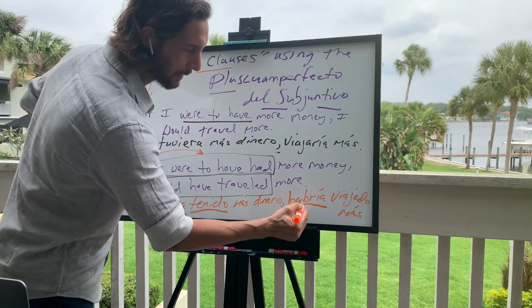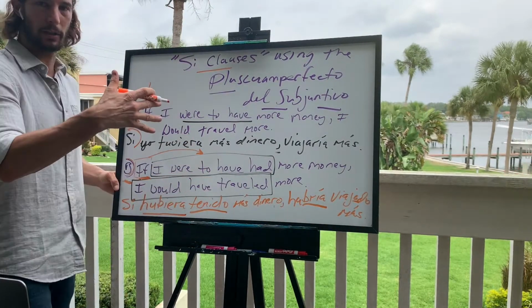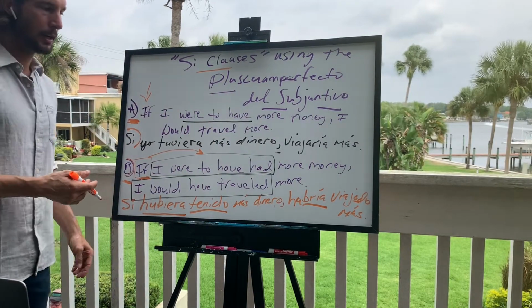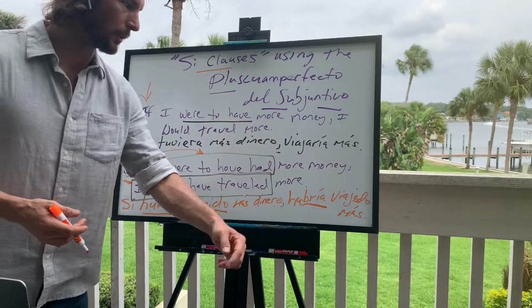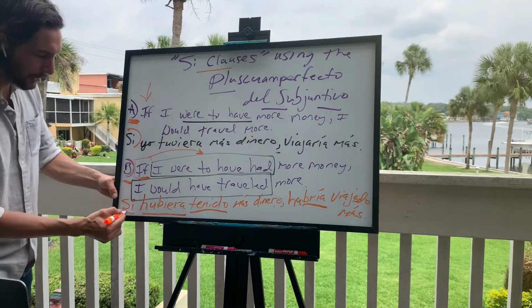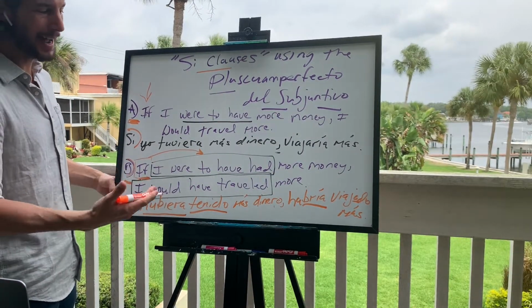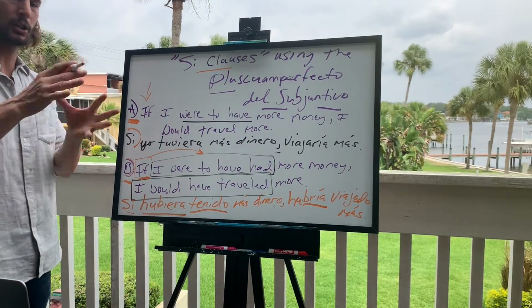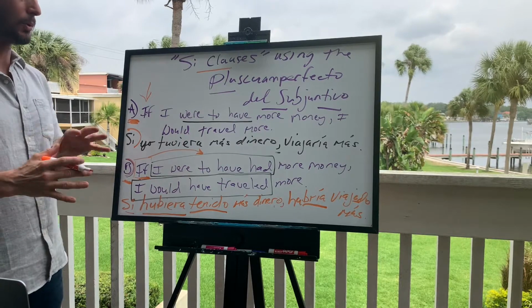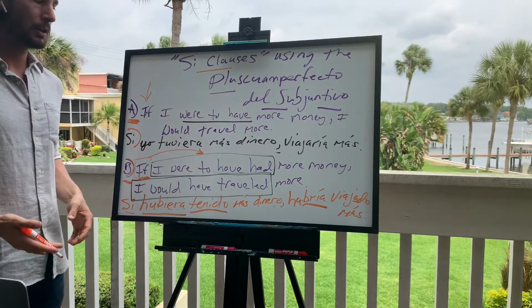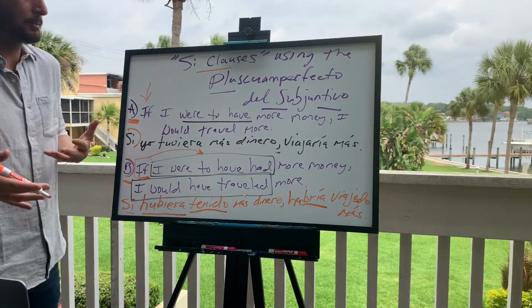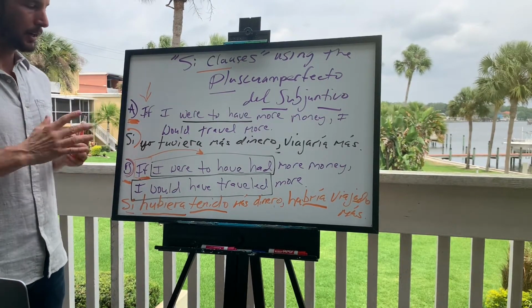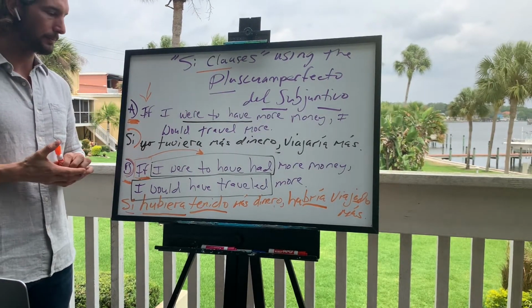Then we have habría viajado, which is the conditional perfect, paired with our past participle viajado. So we have, si hubiera tenido más dinero, habría viajado más. That's just a slightly different way to do this. One is looking at a hypothetical situation that hasn't come to exist in the future, and the other is reflecting back, but both are using si clauses.